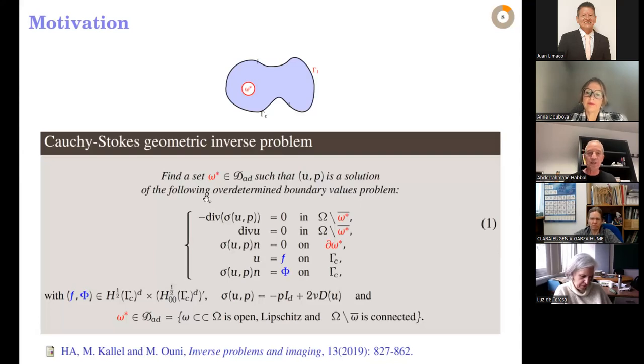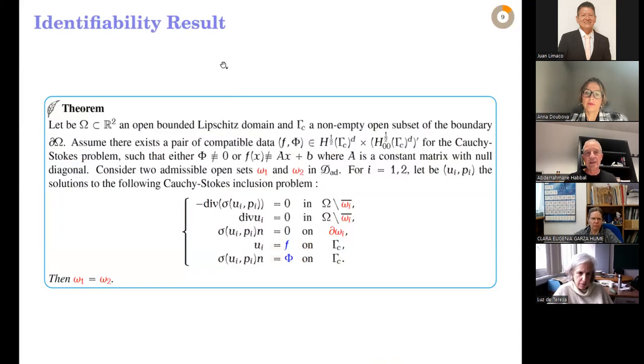Okay, so here let me go further in the formulation of the mathematical game. We first start by asking a very classical question in the inverse problem community, which is identifiability. But here we consider the question of identifiability for the Cauchy problem.